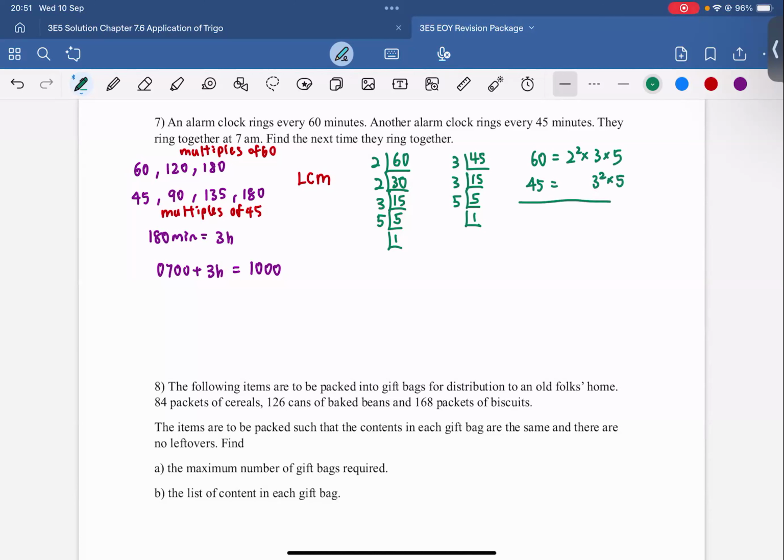So back to what we learned just now, to find the lowest common multiple, I choose the highest power of each prime factor. So for 2, I choose 2 squared. For 3 squared and 3, I choose 3 squared. For 5 and 5, it doesn't matter which one you choose; you just need to choose one of them. If you press the calculator, this will give you 180 minutes. Then you just do the same thing back and get the answer.